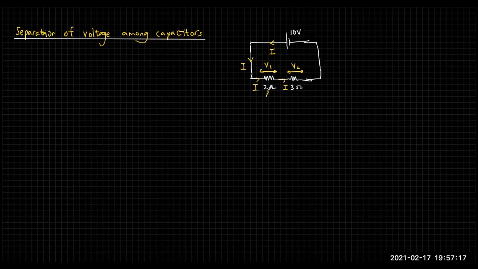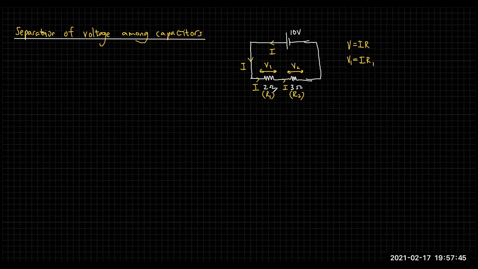I'll take 2 ohm as R1, 3 ohm as R2. First, let me explain with resistors, with what you know from O level. I'm going to find the voltage across each. We can use the equation V equals IR, Ohm's law. Now V1 is going to be equal to IR1.